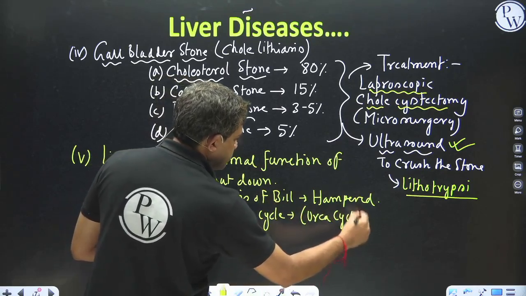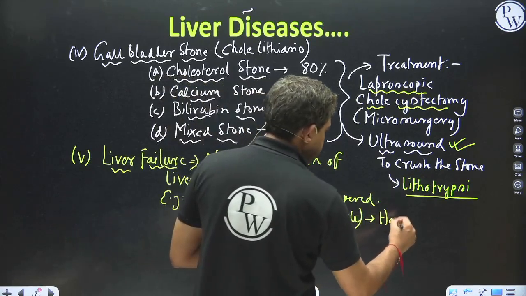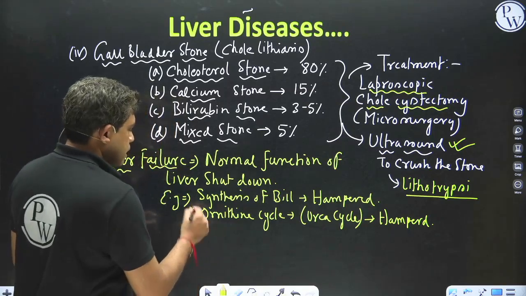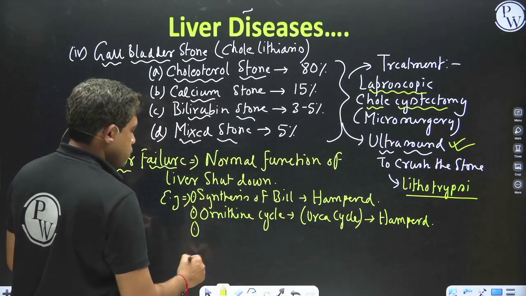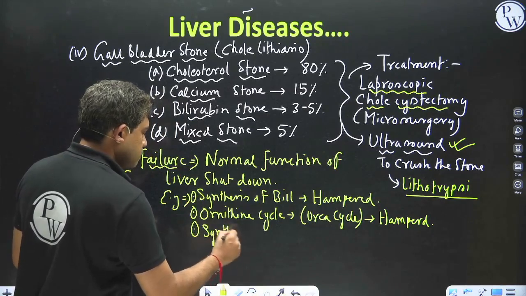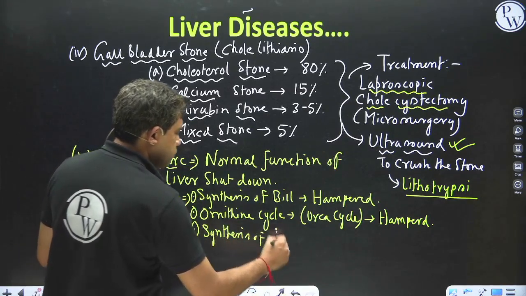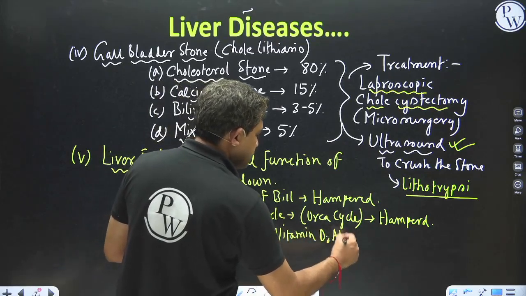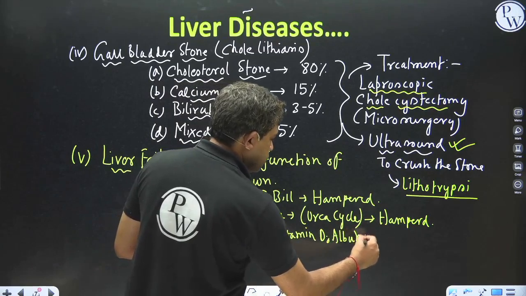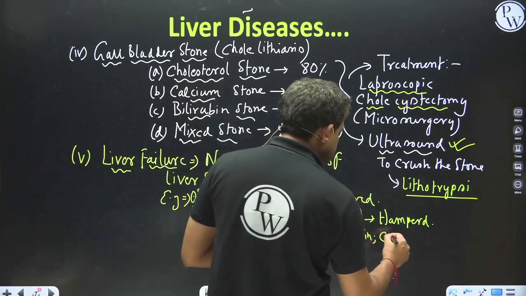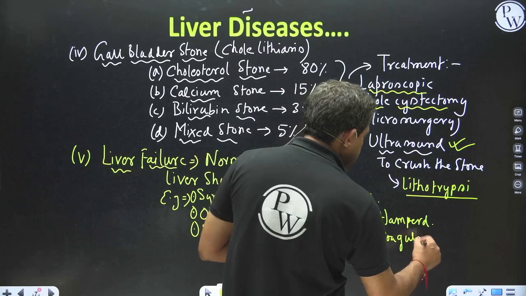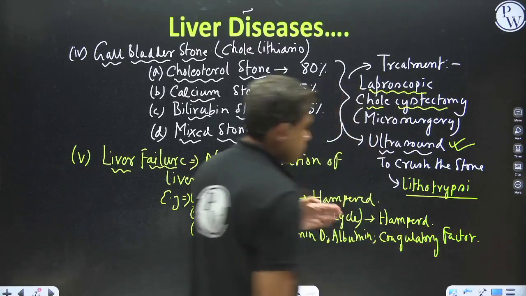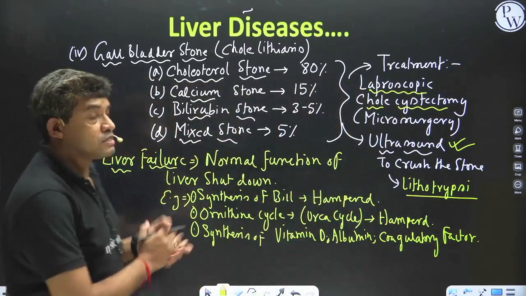The urea cycle also gets hampered. Not only that, it was synthesizing vitamins, vitamin D, albumin, and the coagulatory factors, and these get hampered. So these are the important concepts of the NCERT.